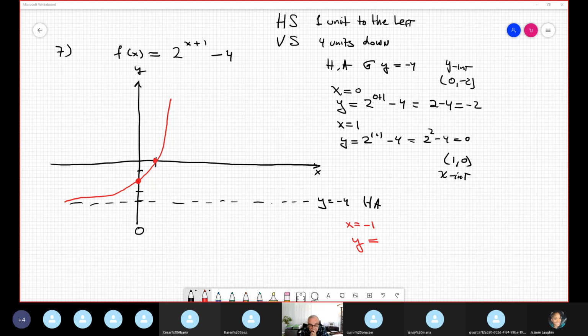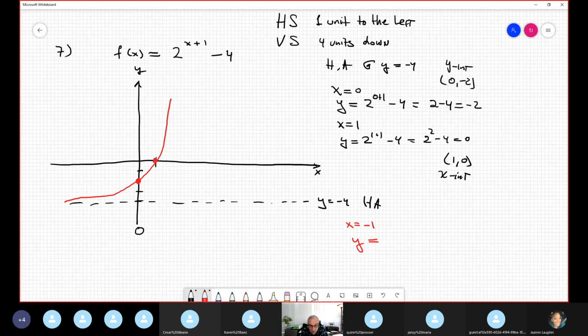Okay, this is the exponential. We have a vertical shift 4 units down, and the points are (1, 0), (0, -2), and (-1, -3). The reason is because I misunderstood something. I come back to the whiteboard.